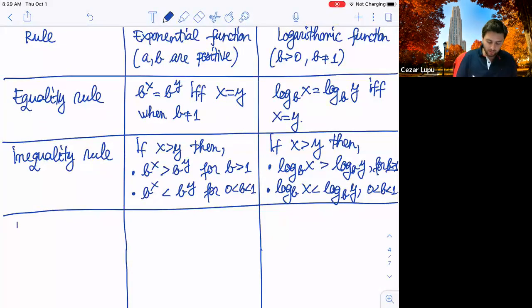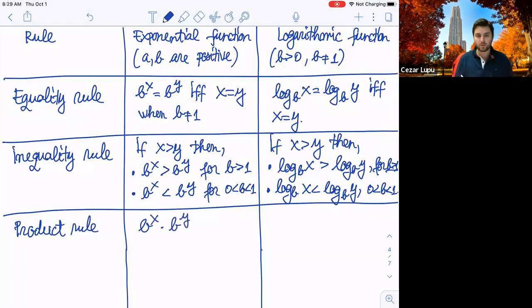Now let's see what happens when we have the product rule. And here we have the following, b to the x times b to the y. So when we multiply two exponentials, well, guess what? The base will stay the same and we'll add the exponents. So this rule, you already knew it from pre-calc, I'm pretty sure. Well, for logarithms, the situation will be a little bit different.